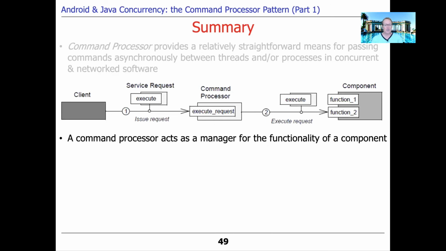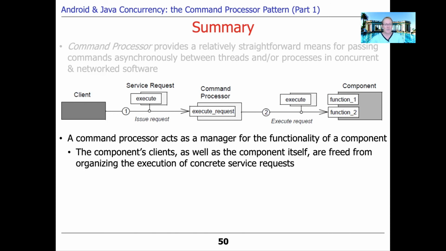The command processor, as you can see here in the diagram from the POSA book, acts as a manager for the functionality of a component. So its job is basically to take these requests that come to it from clients or a client and then get them sent to the appropriate context to execute the request, which could be a thread or a pool of threads or a pool of processes on the same machine or on different machines.